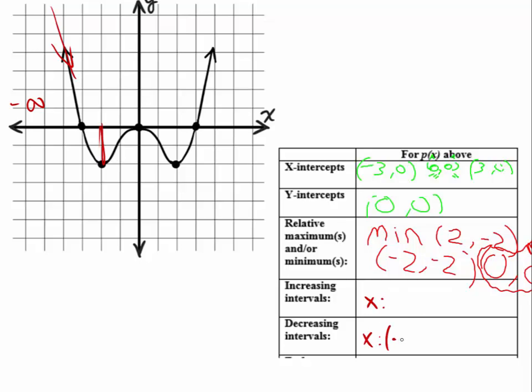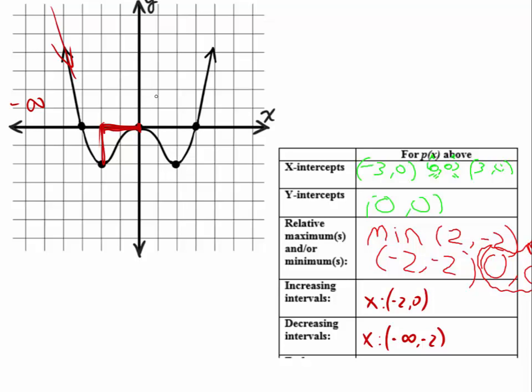So we're decreasing from negative infinity all the way to negative 2. Then from negative 2 all the way to here, we're going up. So we are increasing from negative 2 to 0.